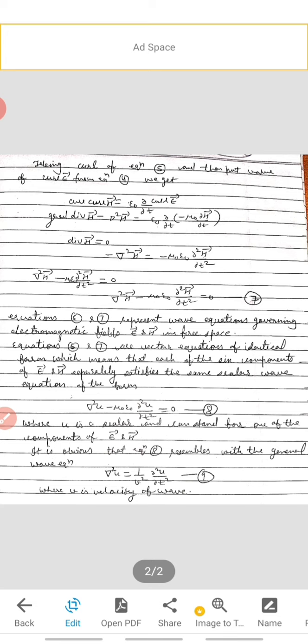Equations 6 and 7 are vector equations of identical form, which means that each of the 6 components of E and H separately satisfies the same scalar wave equation of the form del 2 U minus mu naught epsilon naught del 2 U by del T2 is equal to 0. Here U is a scalar and can stand for one of the components of E and H.